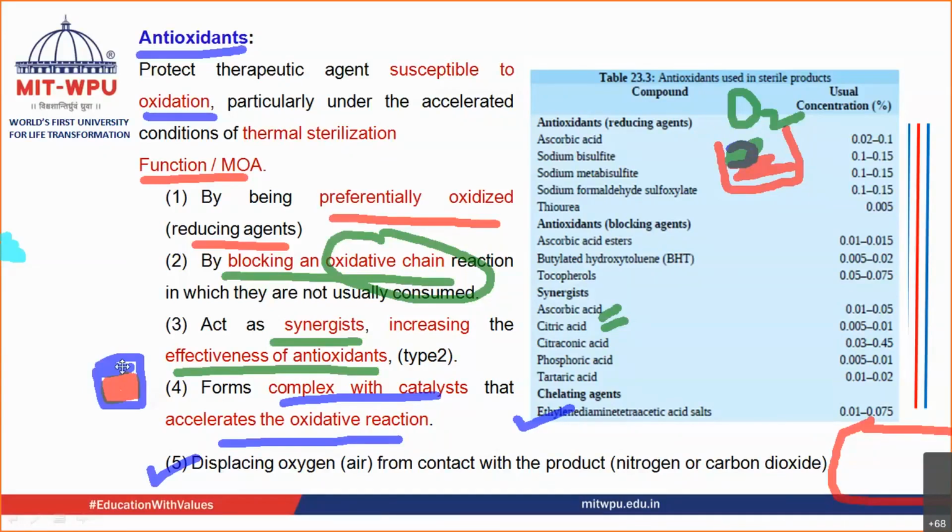So what you do is you remove this oxygen with the help of inert substances, that is nitrogen or carbon dioxide, and this nitrogen or carbon dioxide is not going to show any action with the drug that is present over here, okay. So this displacement of oxygen with nitrogen or carbon dioxide is another method to stop oxidation. But please remember, this is not an antioxidant. This is another way to block the oxidation reaction, okay.